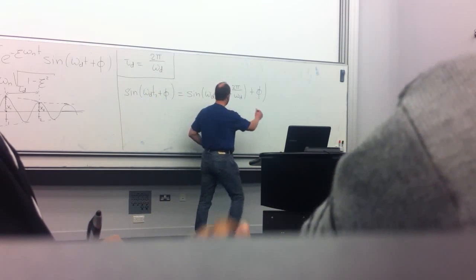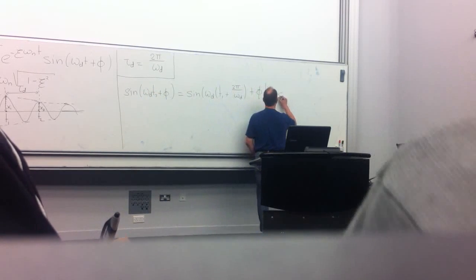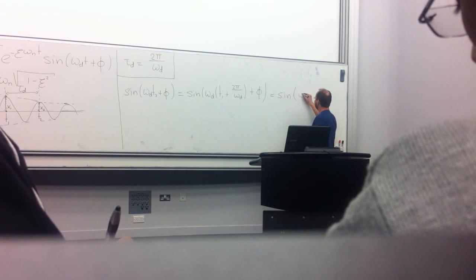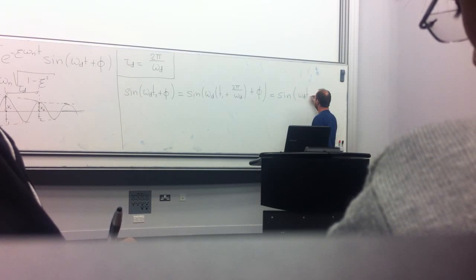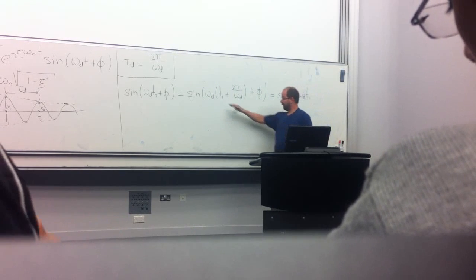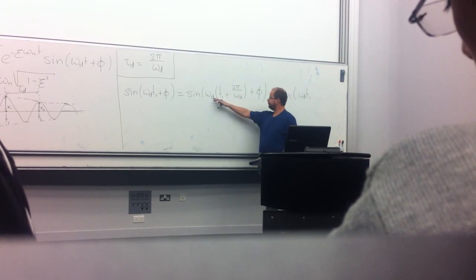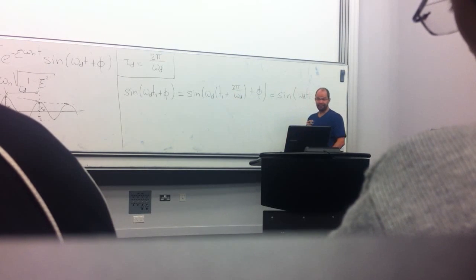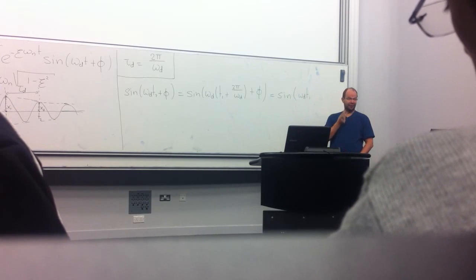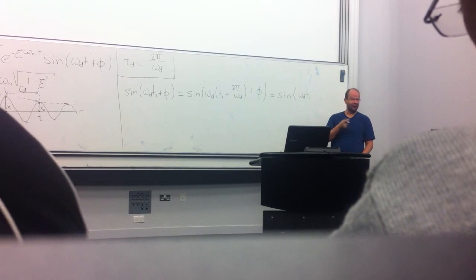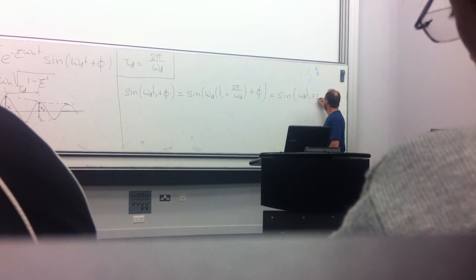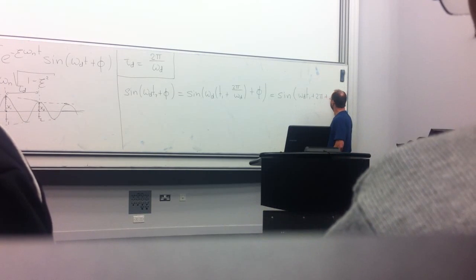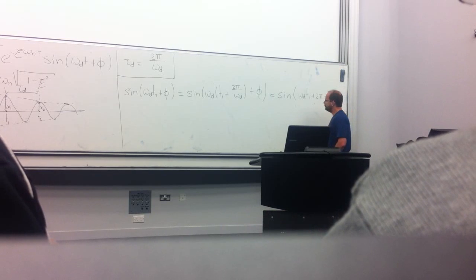Now, inside the sine function, I'm going to expand the brackets, so I get sine of omega d times t1 plus omega d times 2 pi divided by omega d. Well, omega d times 2 pi divided by omega d is 2 pi, plus phi.